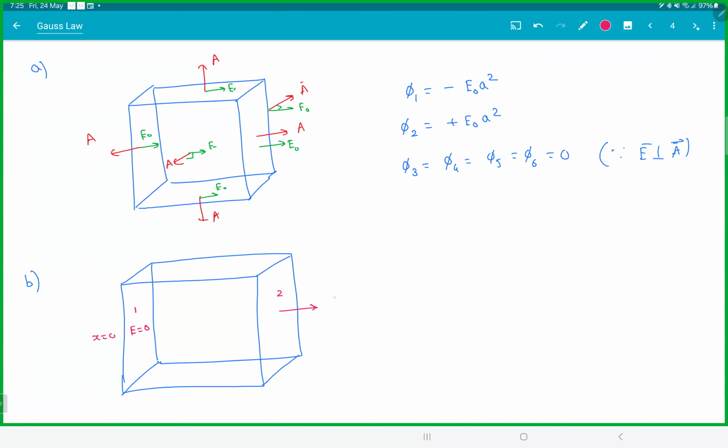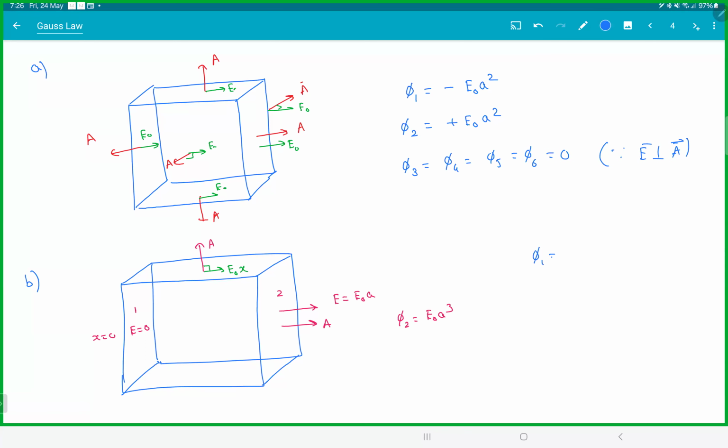On face 2, E is E naught A, and the area is there, so flux on 2 will be E naught A cube. On the remaining ones, the field is changing, but I don't care because it's perpendicular. At every section the field is different. Technically, you should integrate, but luckily, everywhere it is perpendicular.